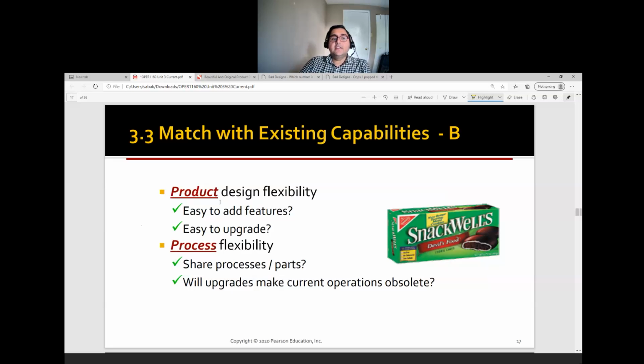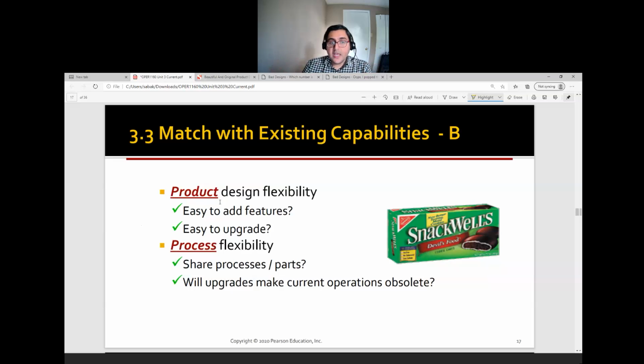Also understand that for the product you make, there should be an opportunity to have some flexibility in the product. Think of chips as an example. When you come up with chips, there are different packet sizes available: small, big, medium, and so on. Whether it is possible to add new features is one example.